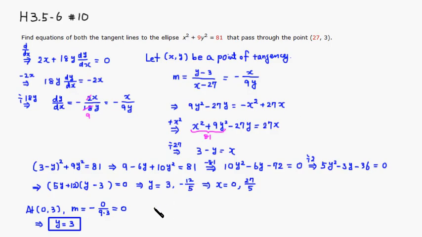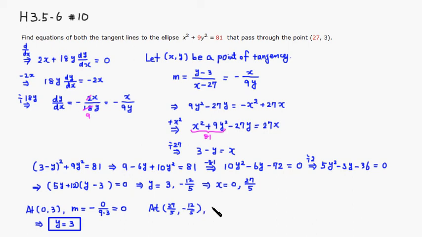All right, so this is going to be at the other point, (27/5, -12/5).